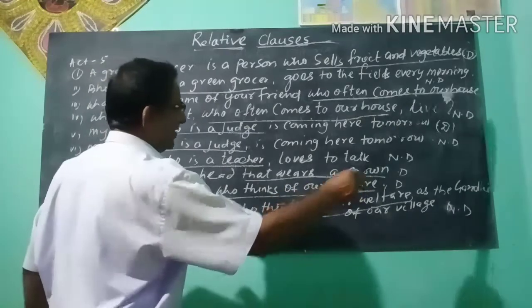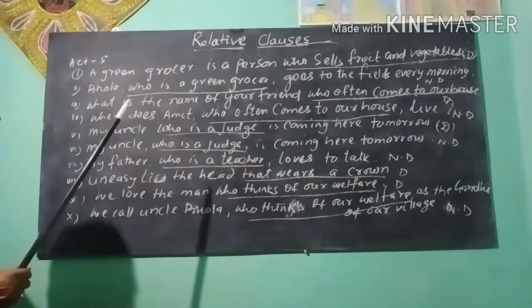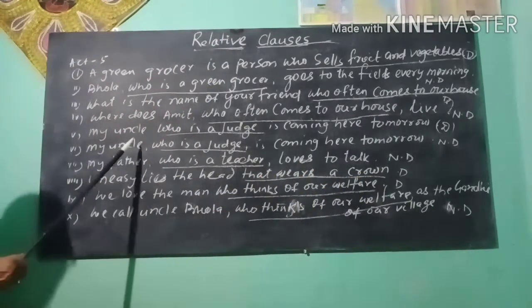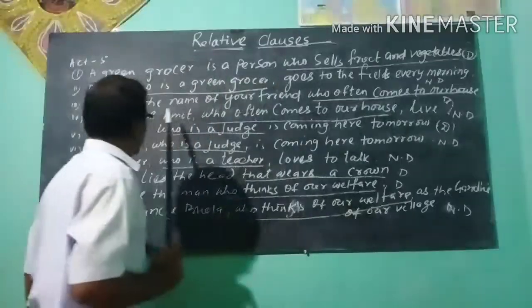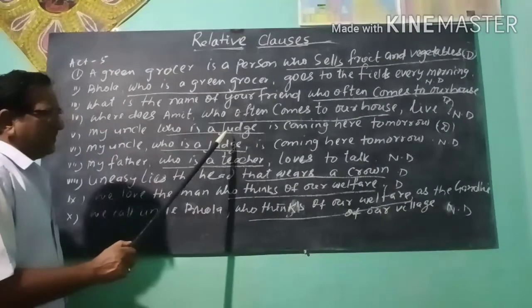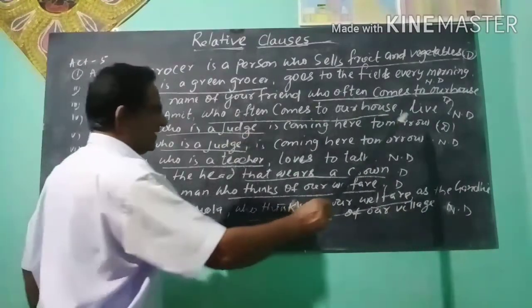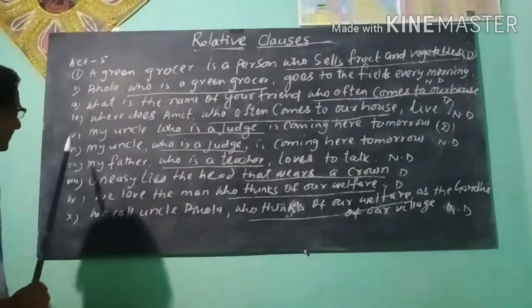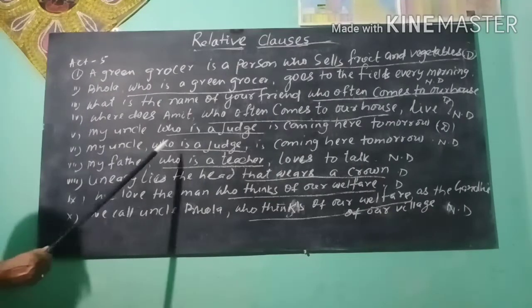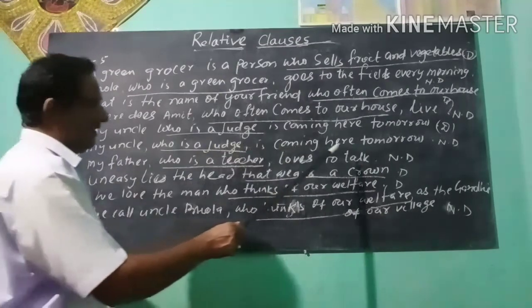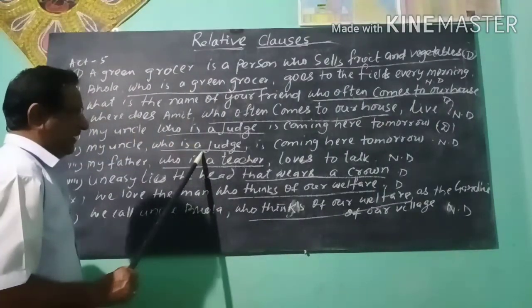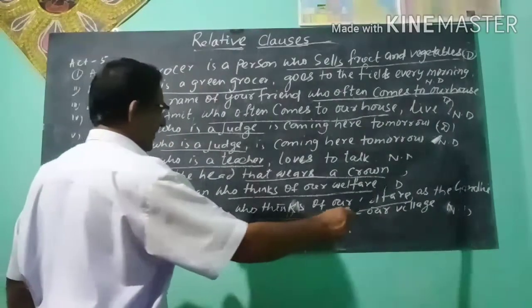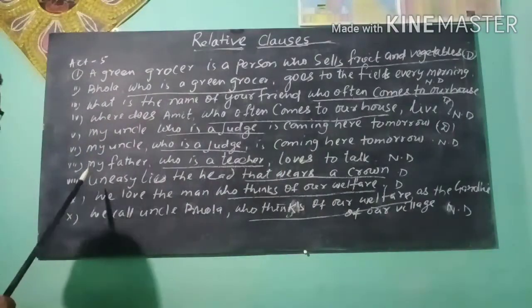It is a non-defining relative clause. My uncle, who is a judge, is coming here tomorrow. Who is a judge is a relative clause. It is a non-defining relative clause.